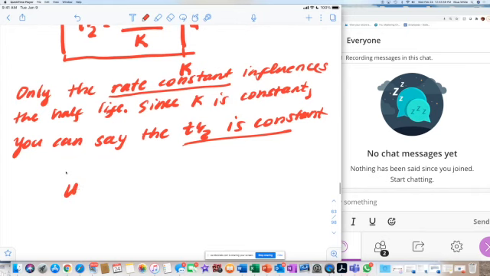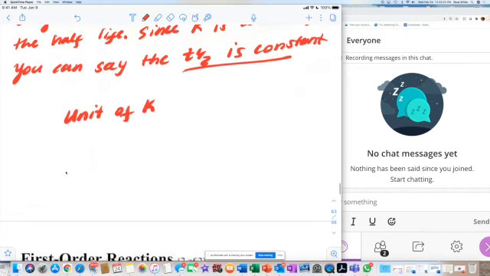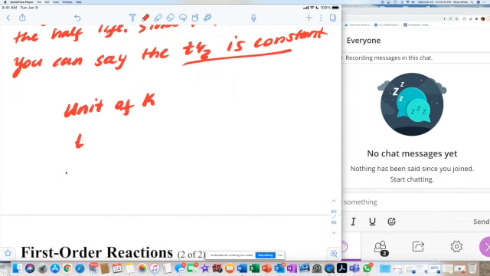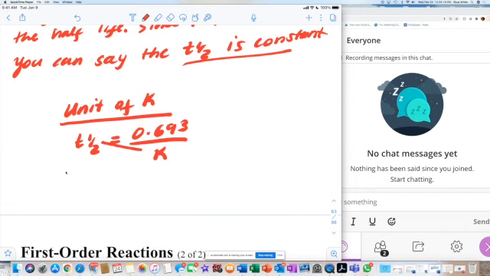The other thing we're going to be looking at is the unit of k. We know that T1 half is equal to 0.693 over k. So if you're trying to get k, you switch these positions, so k becomes equal to 0.693 over T1 half. We're trying to get the unit of k. Well, this number is unitless.